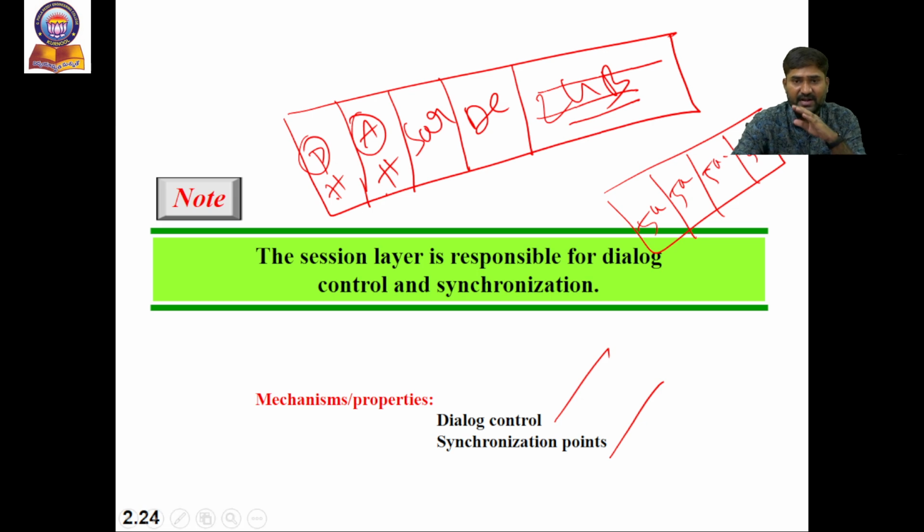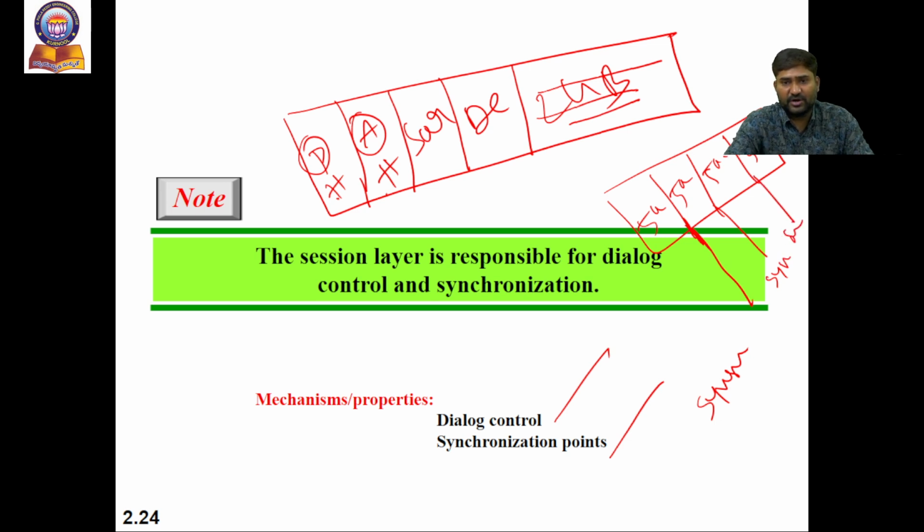Like that, I divided it into 4 parts. After completion of every part, I am adding one synchronization point. I will mention the importance of the synchronization point. At every 500 MB, I am adding one synchronization point.